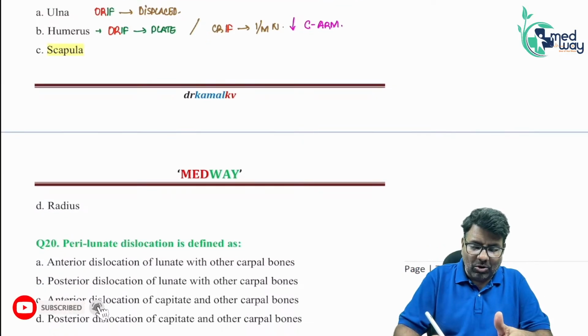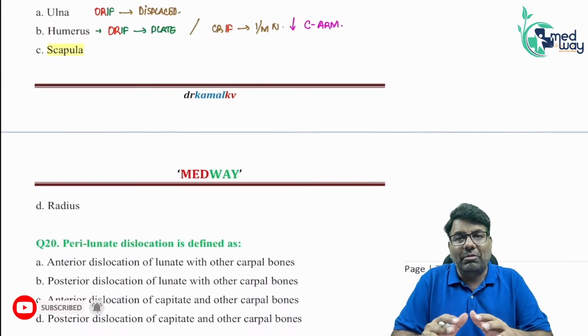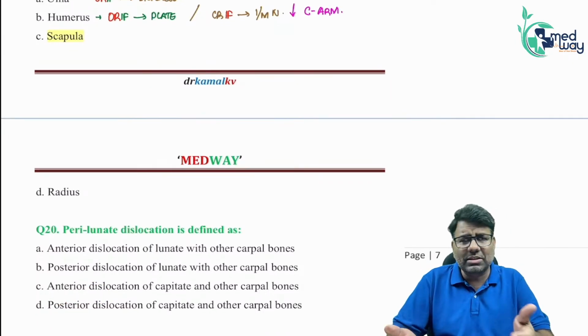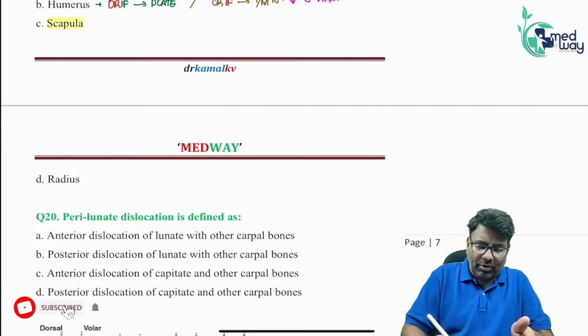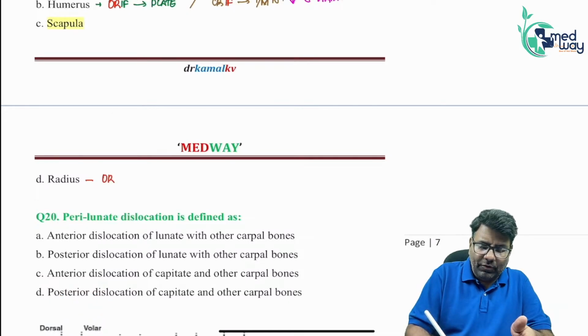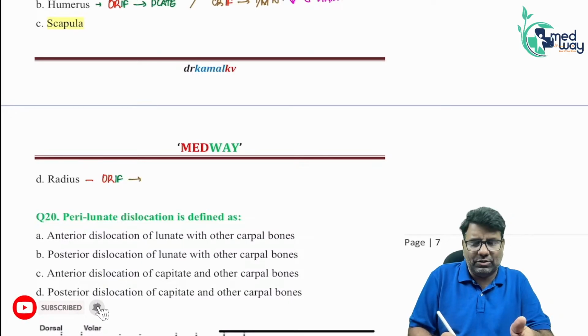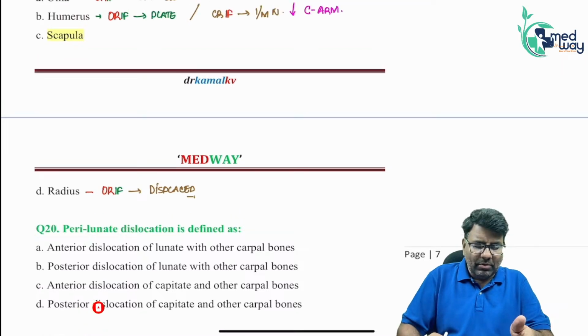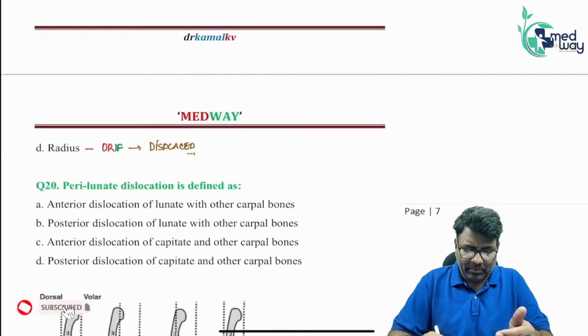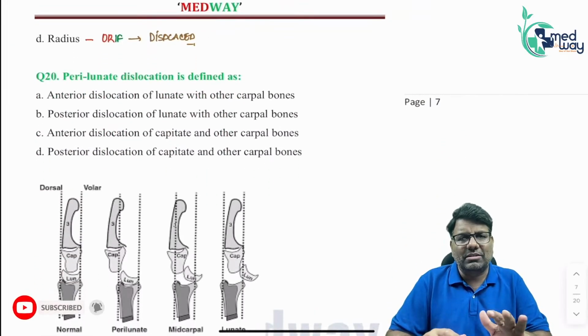The only thing we need to do as a doctor is give proper alignment, otherwise malunion is very common at those places. But in scapula we don't worry about that. And for radius, it depends: if it is radial shaft, we can go for ORIF as we do for ulna in cases of displaced fractures in adults. So for scapula, there is no specific treatment, just simple immobilization, that's sufficient.